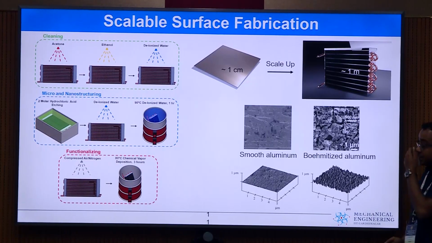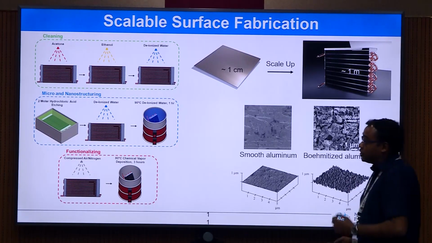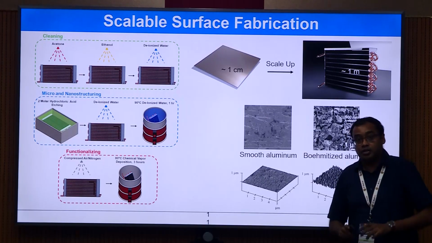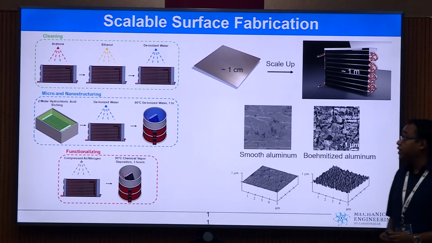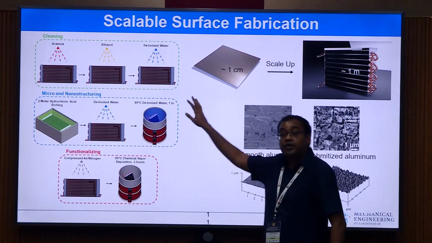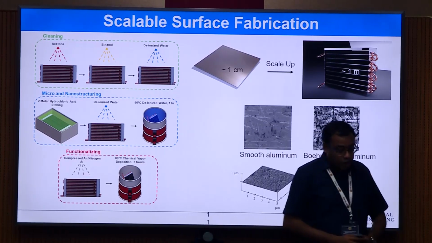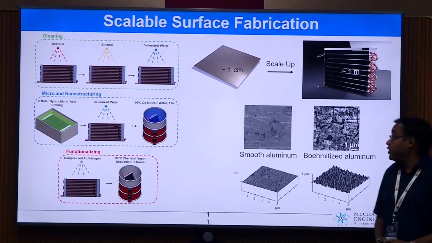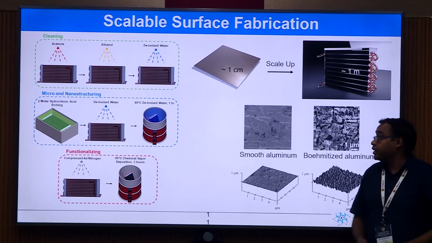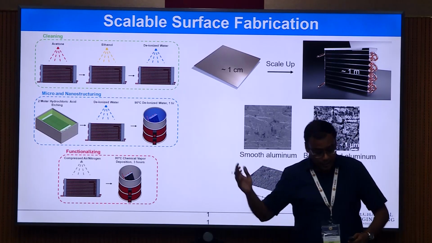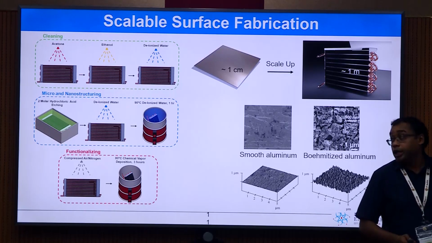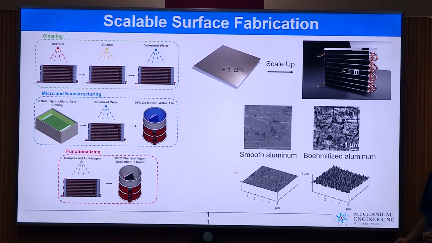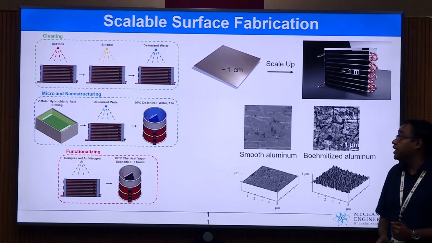Now, in terms of scalability, this is something that we have done, not just limited to flat plates or small plates or tubes. We have actually coated entire fin and tube heat exchangers, aluminum fin copper tube heat exchangers. Simply, we scale it up. Instead of a small container, we have a drum, in the case of aluminum filled with boiling water, and we can structure the fin surfaces of these heat exchangers.